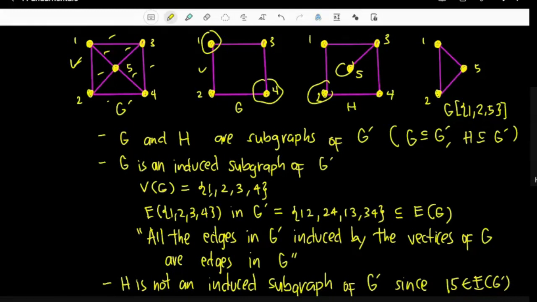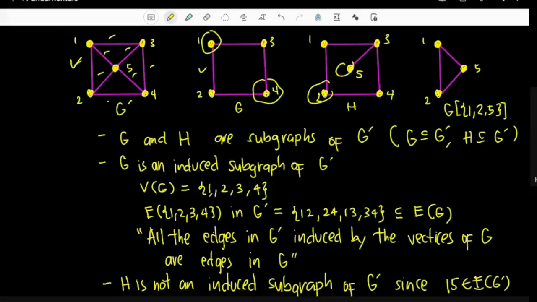Baka mas madaling intindihin. So, hindi yun induced subgraph. Kasi meron kang dalawang vertex na magka-connect sa G prime, pero hindi magka-connect sa'yo. Okay na. So, subgraph ka, yes, yung H subgraph, pero hindi ka induced subgraph ng G prime.